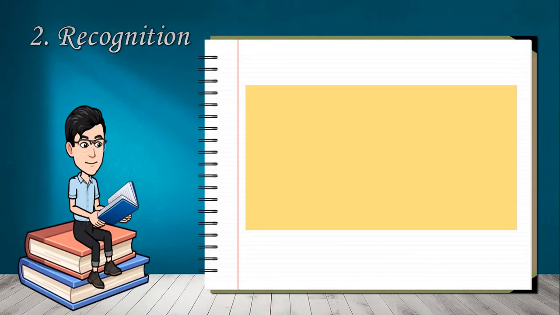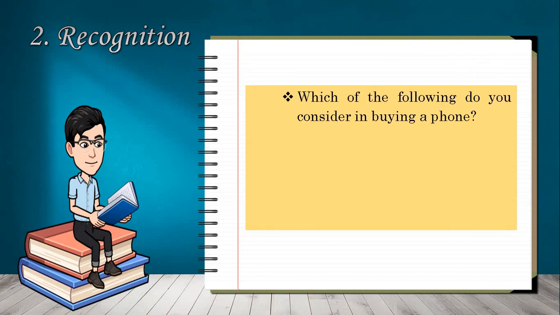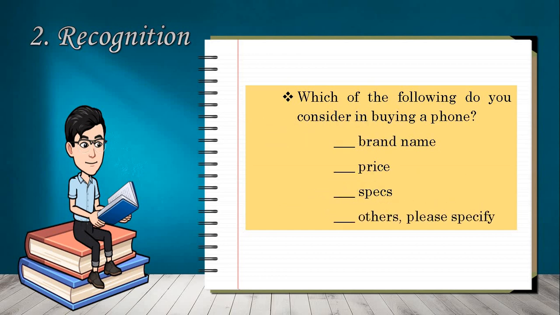Second, we have the recognition. For example, which of the following do you consider in buying a phone? Brand name, price, specs, others. So in this case, the respondents will choose on the choices on what he prefers.